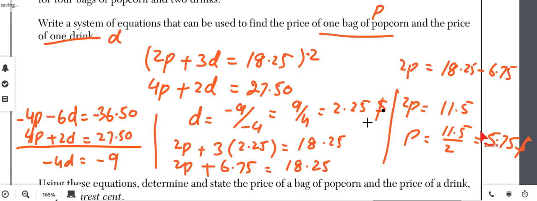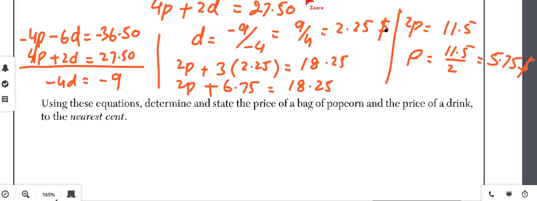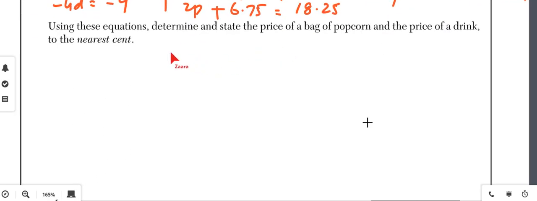So the cost of one bag of popcorn is $5.75, and the cost for each drink is basically $2.25.